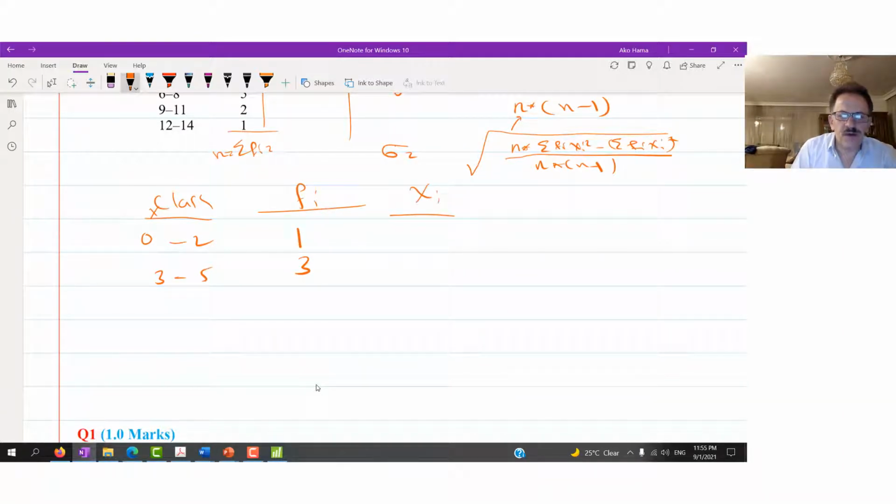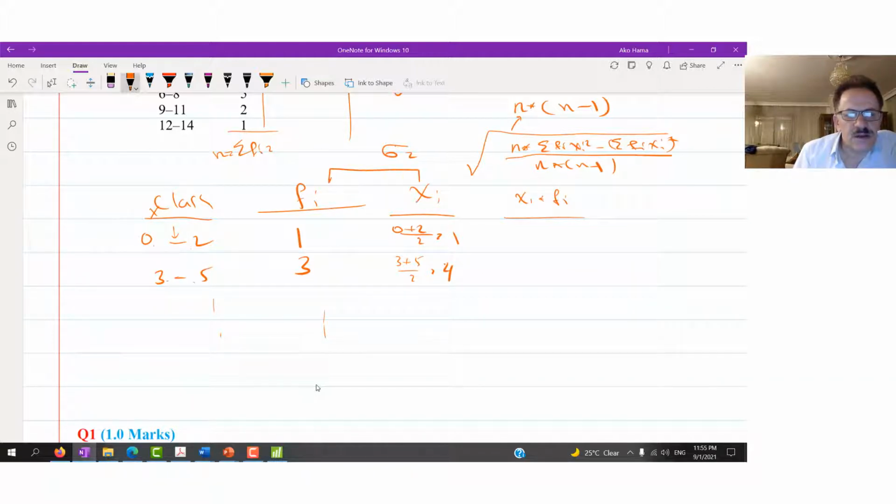First of all, I have to find the xi, and you know the xi is the mid class, which means the mid of this class, which is equal to 0 plus 2 over 2, which is equal to 1. So 1 is the midpoint of this class, and the other midpoint is equal to 3 plus 5 over 2, which is equal to 4, and so on. So I have to find this one.